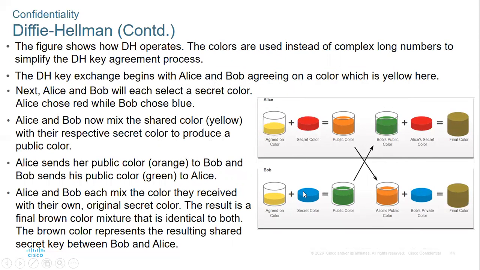Then we are going to add the secret colors. So this is what we're going to have. And then we're going to exchange. Afterwards, we're going to add our previous secret colors. And then this is what is going to be the final color. So you can see that this is the same. So mathematically, this is how DH works.